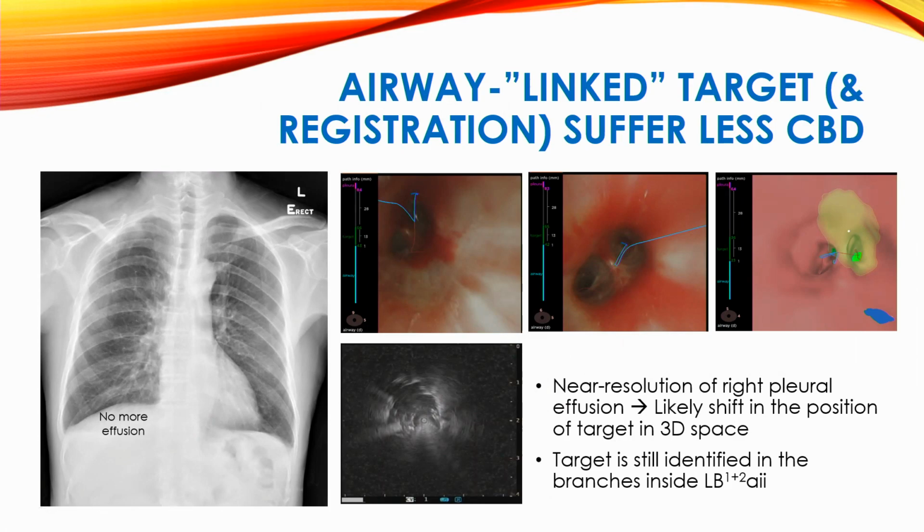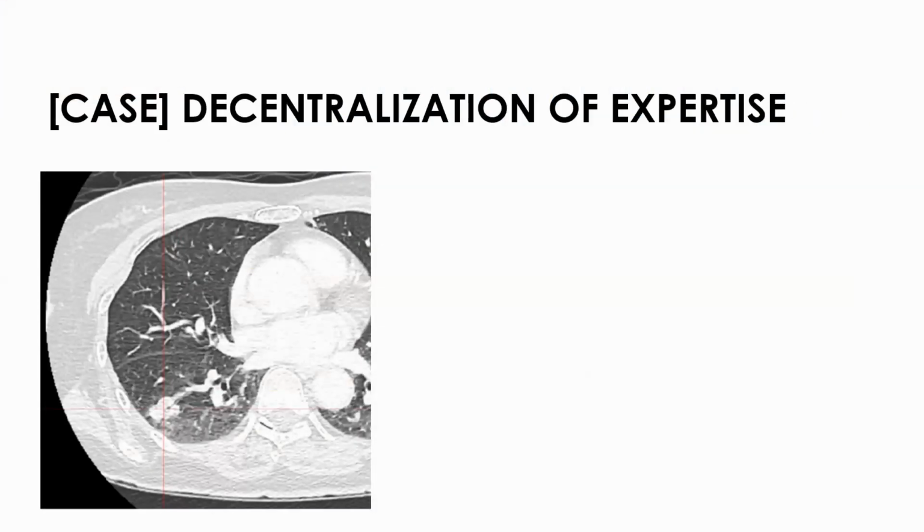But perhaps the most important use of the VBN platform is this. These types of lesions, I would tend to believe, depend on your interest in navigation technology or navigation bronchoscopy as a technique.